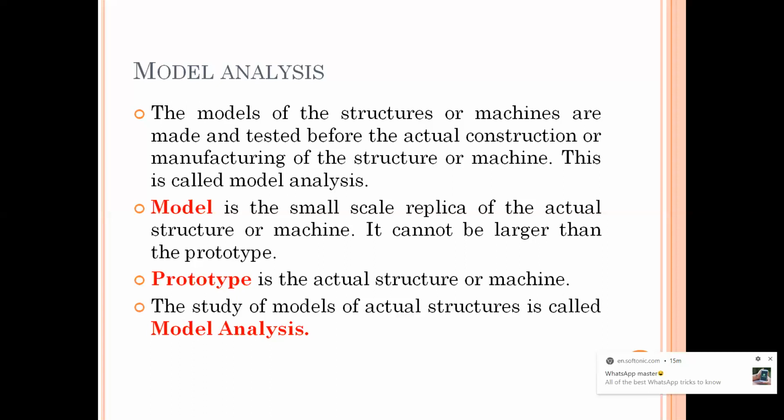Till then, while the studies are still going on, though it is the same size as the actual structure, it is called a prototype. In the prototype, again, you can have different variations. And finally, when the prototype is ready, only then is it called my actual structure. The study of these models is called model analysis.